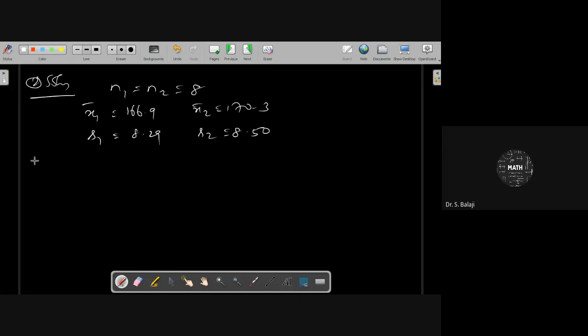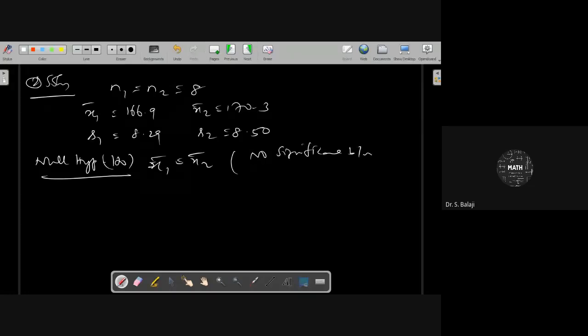And we can use the null and alternative hypotheses here. Null hypothesis H0: x1 bar equal to x2 bar, no significance between two sample mean values.